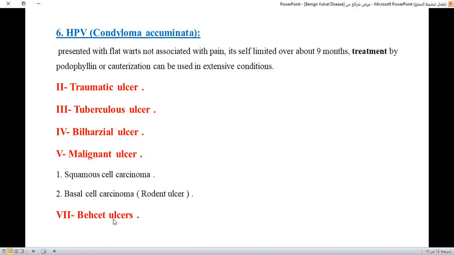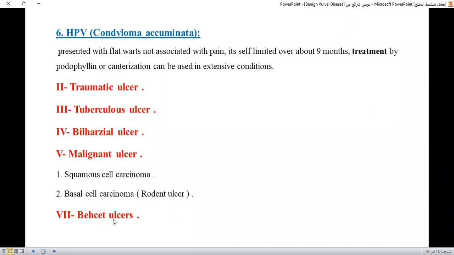Vulval ulcer includes sexually transmitted disease like syphilis, or may be due to malignant ulcer such as squamous cell carcinoma or rodent ulcer. True. It may be malignant or sexually transmitted disease. Foley's catheter may be needed in treatment of vulval ulcer due to chancroid.